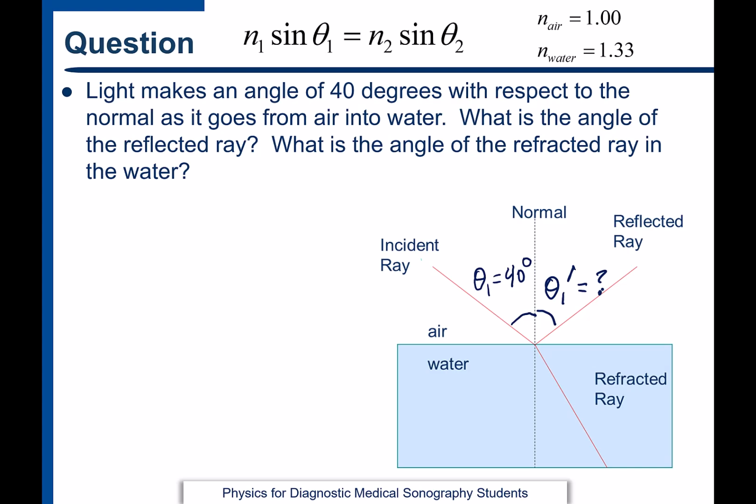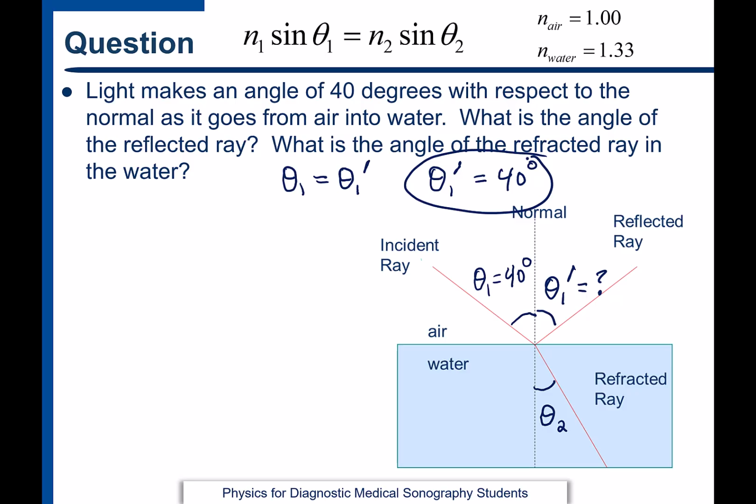And what is the angle of the refracted ray? That would be theta 2. Well, let's answer the easy part first. We know that theta 1 and theta 1 prime are the same. And so theta 1 prime is just going to be 40 degrees. Okay, so that's easy. Some of the light gets reflected, some of it gets refracted.